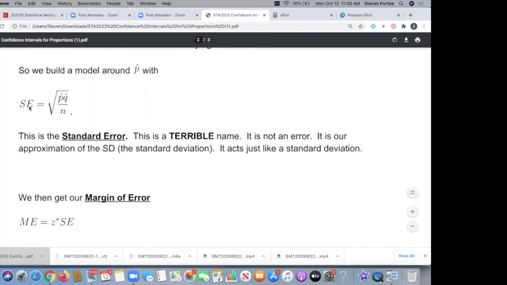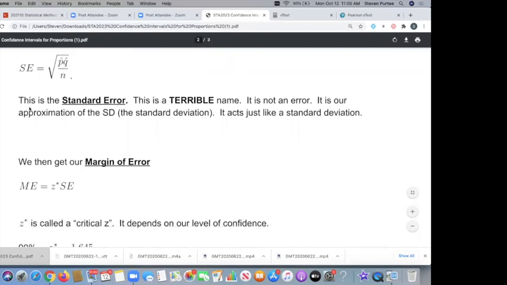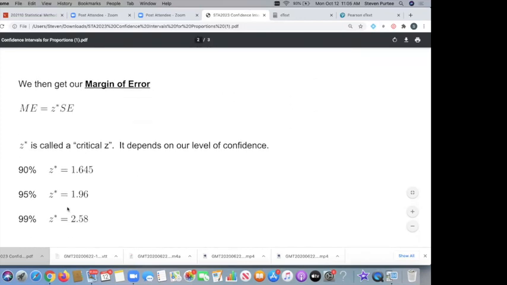So then we take that thing and we treat it just like we would a standard deviation. If I wanted to capture 95% of all possible samples, I would go 2 standard deviations on either side of the mean. If I wanted 68%, I would go 1 standard deviation, all that stuff we've done before. But keep in mind that the empirical rule we used before was just an approximation. Here we have more exact numbers. If I wanted to capture 95% of all possible samples, it's not really 2 standard deviations.